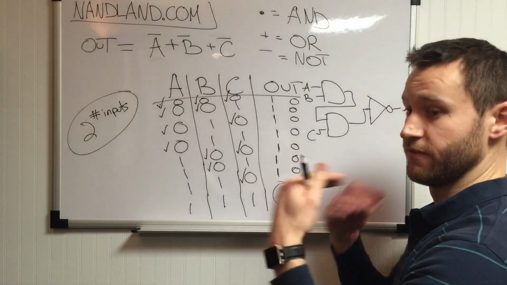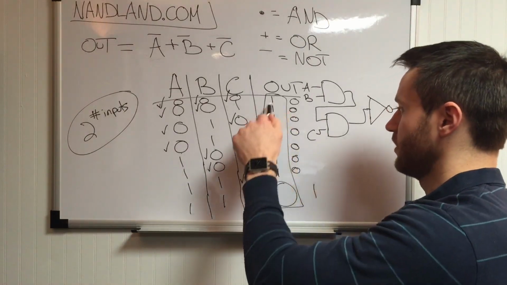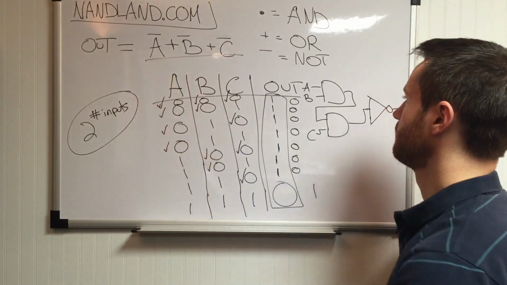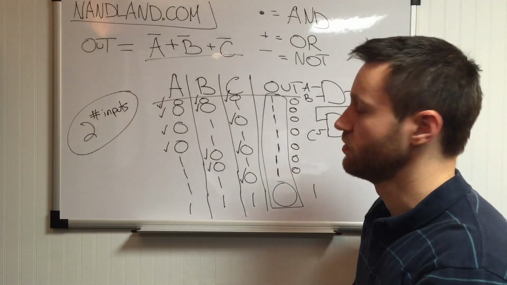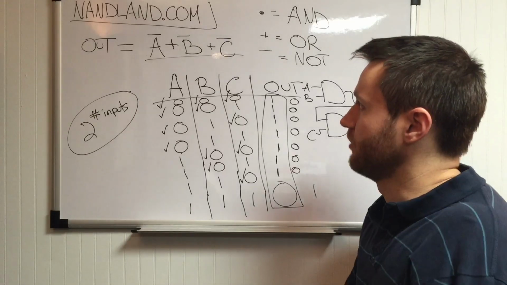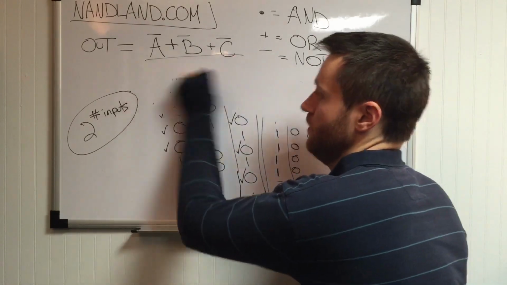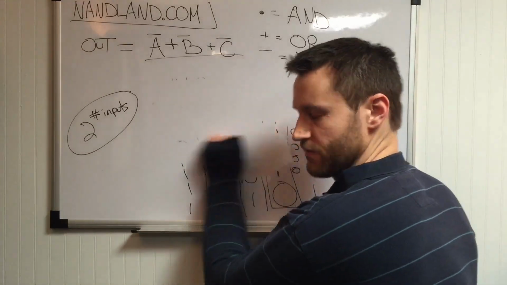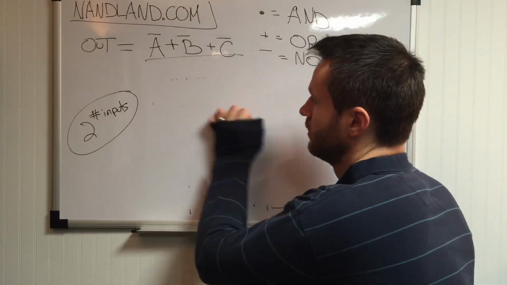But the inverter inverts all of your outputs, so now we actually get what we started with for this equation here. So just wanted to show that there's always other ways to do your Boolean algebra, but you don't generally need to worry about the simplest way to do it. As long as you get the right answer, then you're fine.